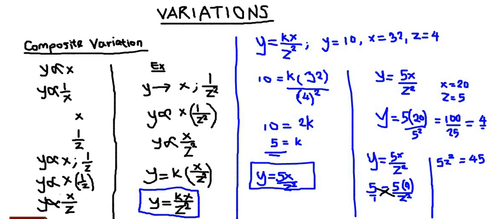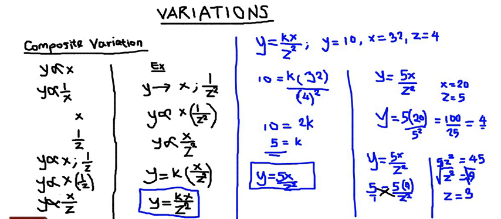So we can simplify here by dividing by 5 on both sides, so that we get z squared is equal to 9. Then we can get the square root of z, so we square root both sides, meaning z will be equal to positive or negative 3.